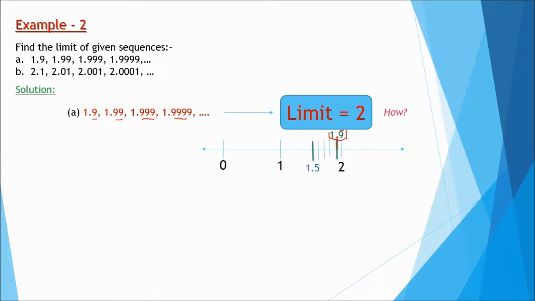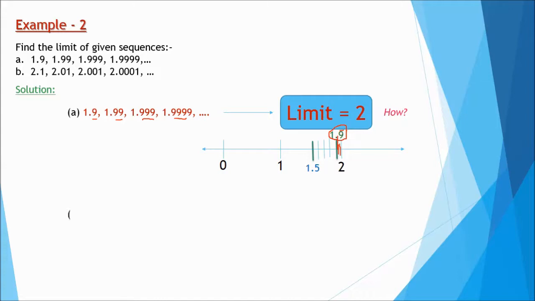If we round off 1.9 to the nearest whole number, it is 2. 1.99 is even closer than 1.9, and 1.999 is even closer than 1.99. In that way the sequence is approaching 2, so the limit is 2.